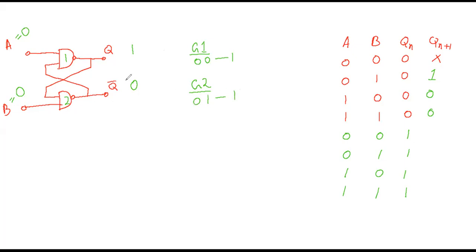So there is a change from 0, I am getting 1 now. And this 1 is again coming here at the input of gate 1. So what are the inputs of gate 1 right now? 0 and 1. So for 0 1 also the output will be 1. So that means both the outputs are getting 1. So that critical case, I will not consider this one.